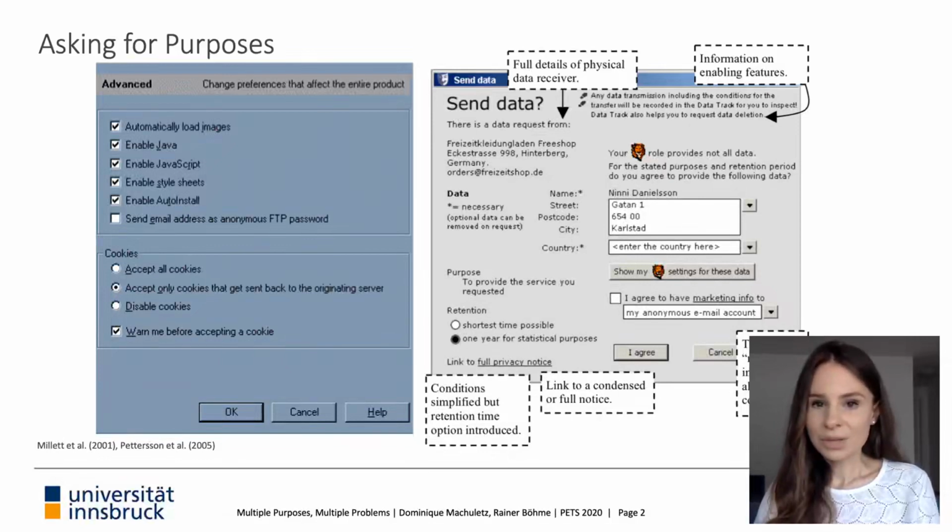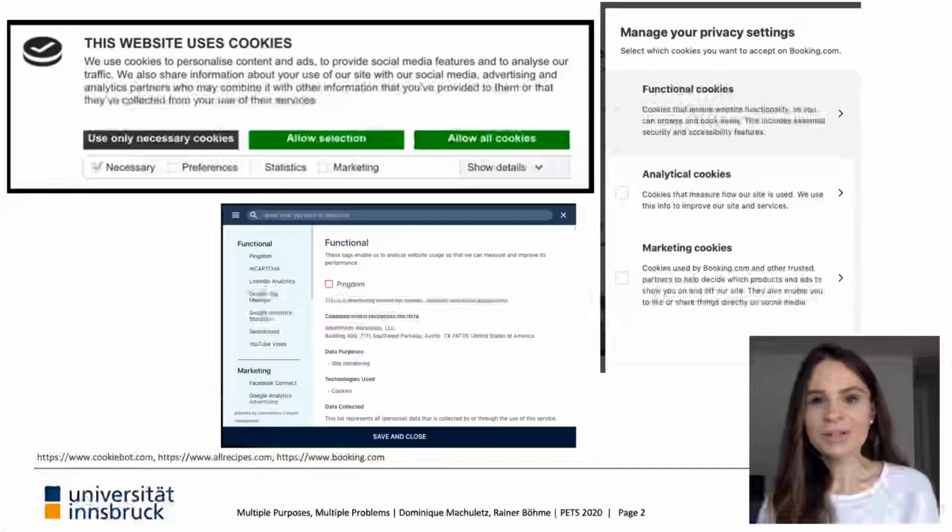Both examples show that consent dialogues have been discussed and implemented long before the GDPR. However, it took the GDPR and its threat of sanctions to deploy such dialogues in practice and consequently revive this line of research. Here we see some common consent dialogues from today, which all of you are probably familiar with.